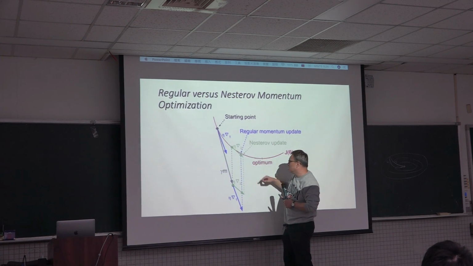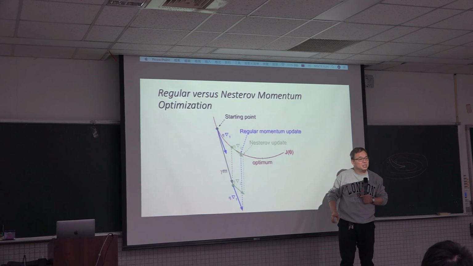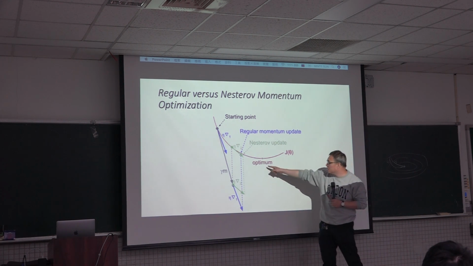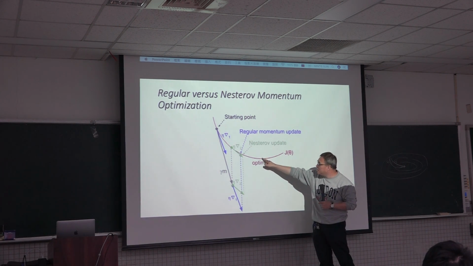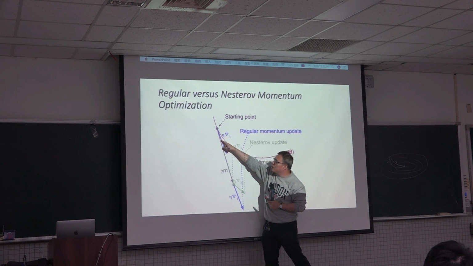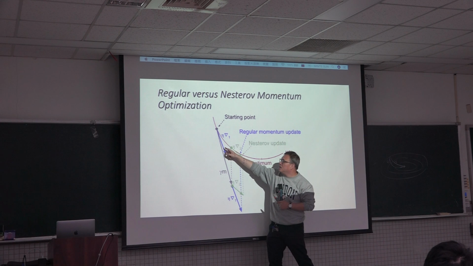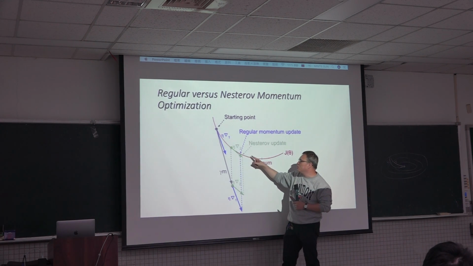Let me ask you this. Where is the optimum place in this figure? Everybody can tell? It's written here, optimum, right? Can someone tell me whether this direction is going to bring you closer to this point, or this direction is going to bring you close to this point?